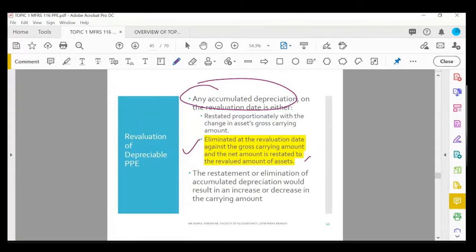The restatement or elimination of accumulated depreciation would result in an increase or decrease in the carrying amount, meaning that the elimination usually will decrease the gross carrying amount of the asset.